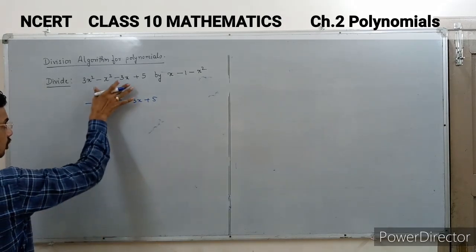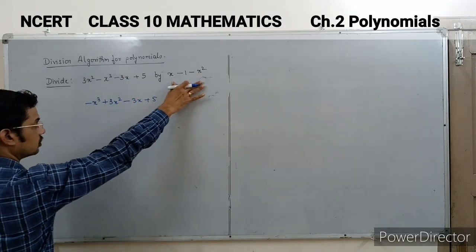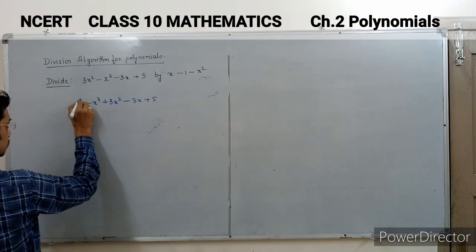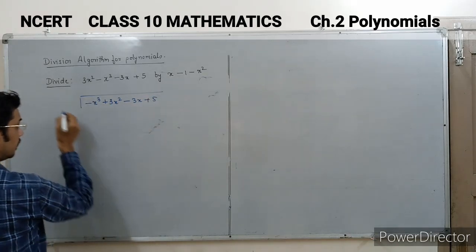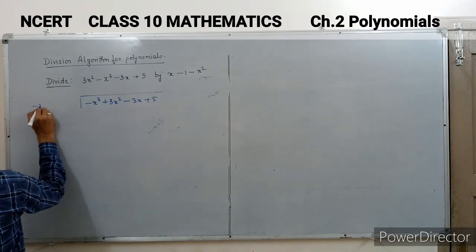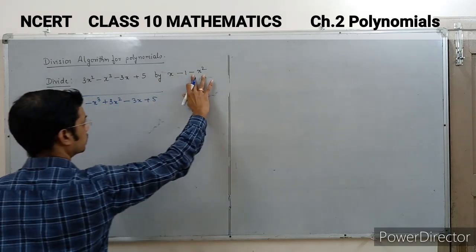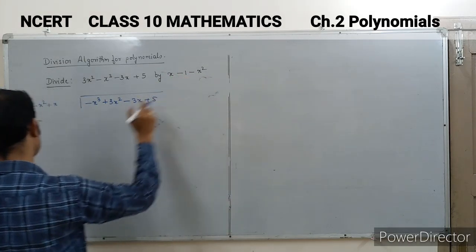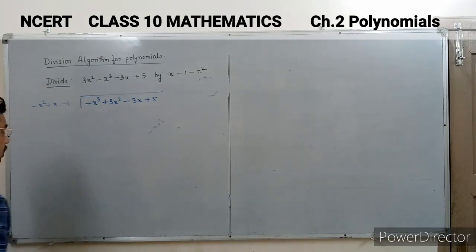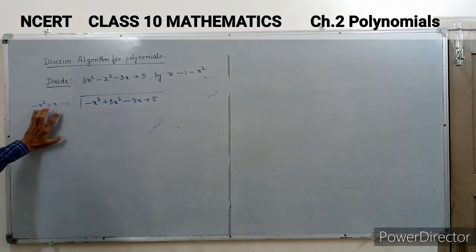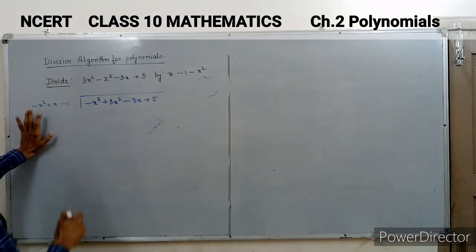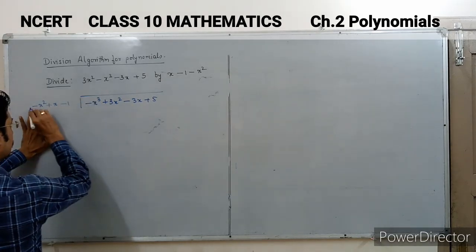When we divide this polynomial by this polynomial, again this also has to be rearranged. So it is divided by minus x square plus x minus 1. Now let us divide this polynomial by minus x square plus x minus 1. So here minus is already there.